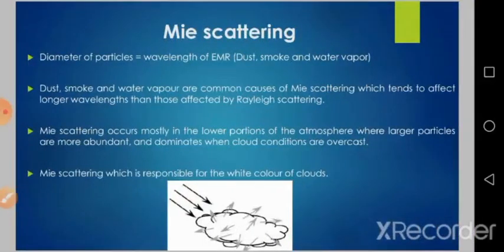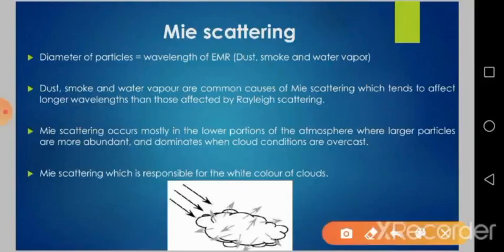Then the second one is Mie scattering. Mie scattering occurs when the diameter of the particles is almost equal to the wavelength of the electromagnetic radiation. Dust, smoke and water vapor in the atmosphere are responsible for this type of scattering. In Mie scattering, the longer wavelengths are going to be scattered more than those which are affected by Rayleigh scattering.